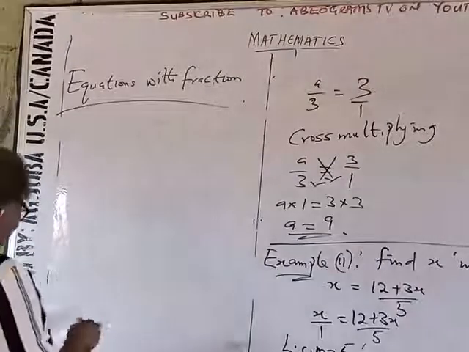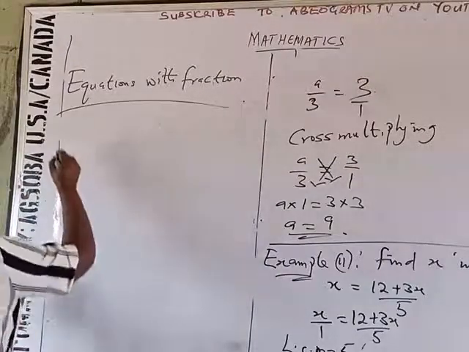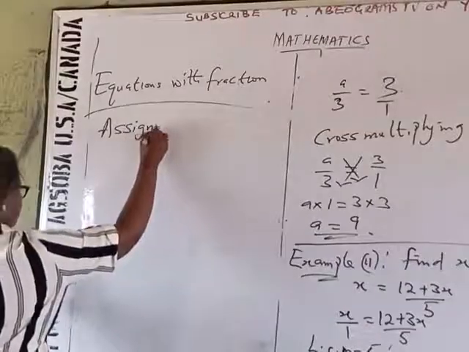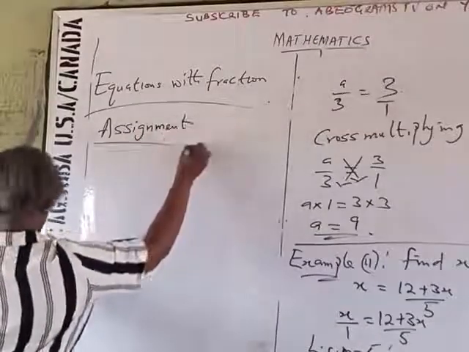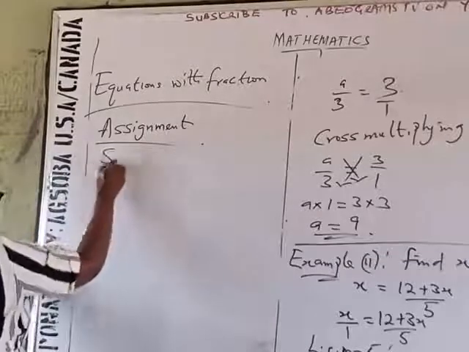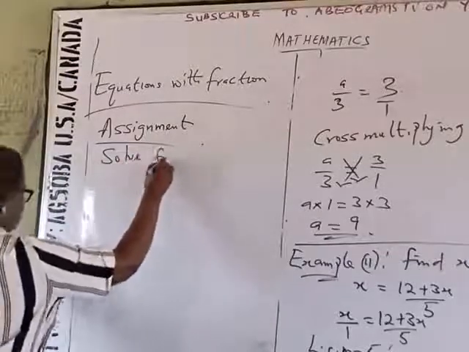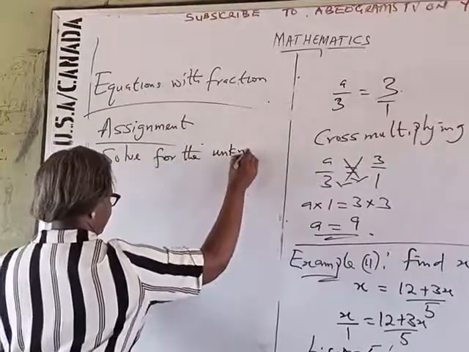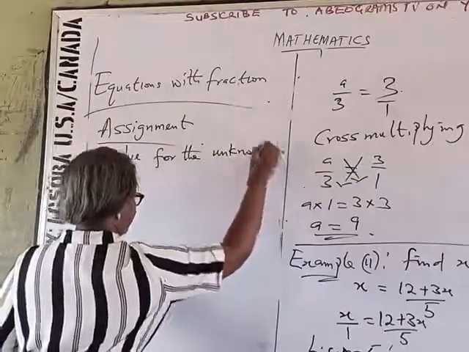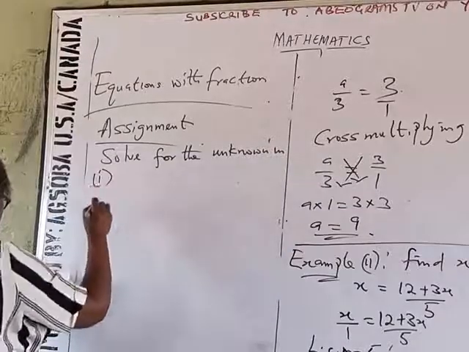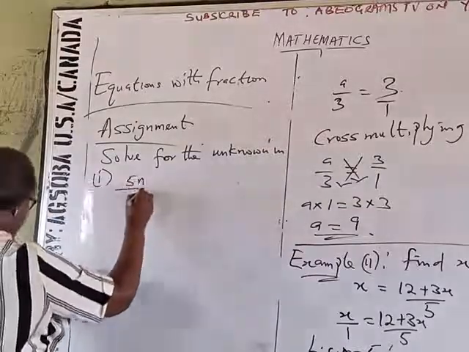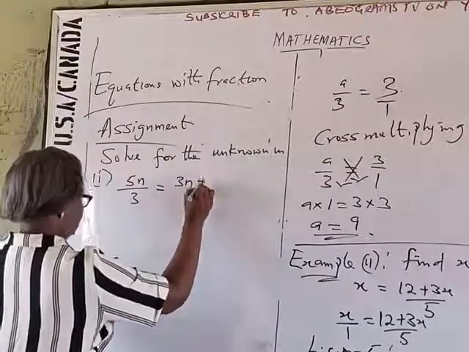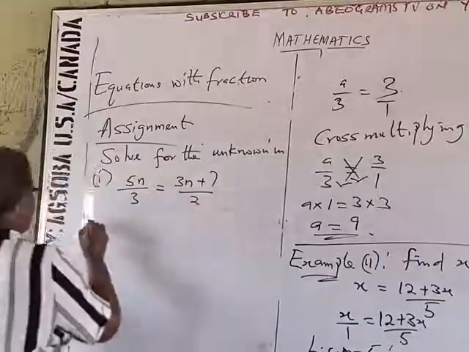So I want you to try this by yourself at home. Solve for the unknown. 5n over 3 equals 3n plus 7 over 2.